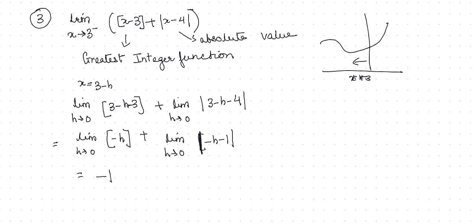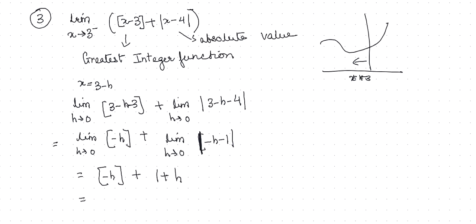Okay. So if we go one step back, this would be just minus h, and this would be absolute value 1 plus h.